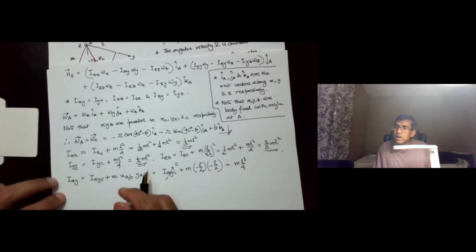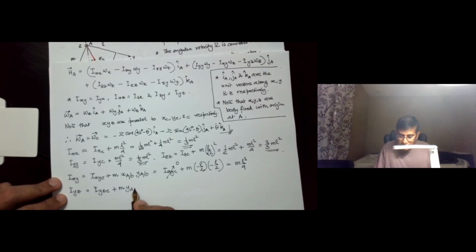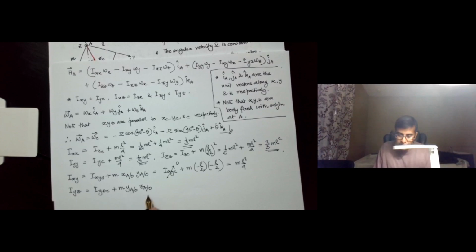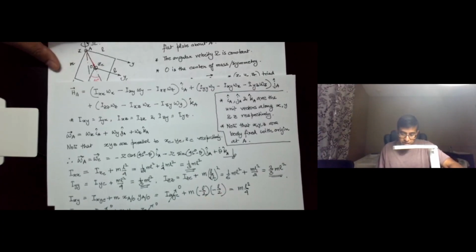Going to Iyz, it is going to be Iyz with respect to the center plus m times y of A with respect to O times z of A with respect to O. The z component of A with respect to O is 0, and the product of inertia about the center of mass is 0. So there is no product of inertia term in the Iyz direction.